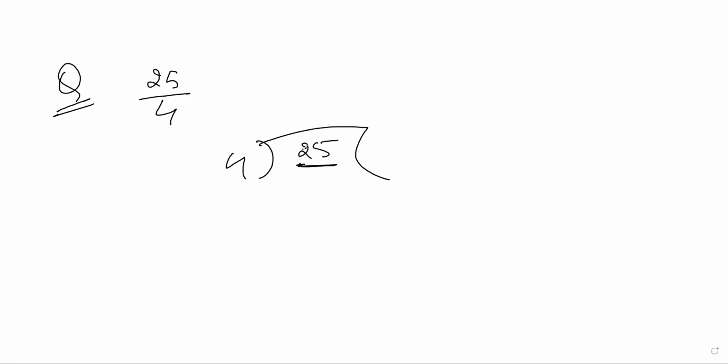And 4 sevens are 28. Okay, so we'll take 24 or we'll take 28? 24. 4 sixes are 24, right?